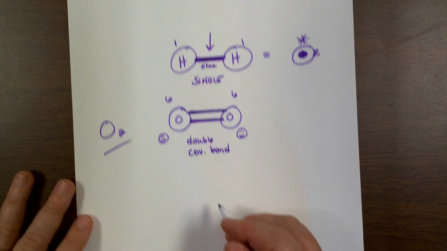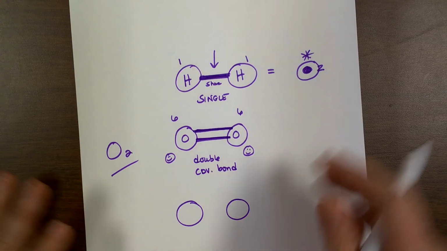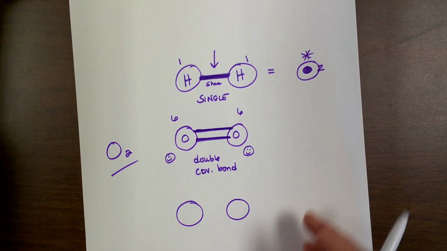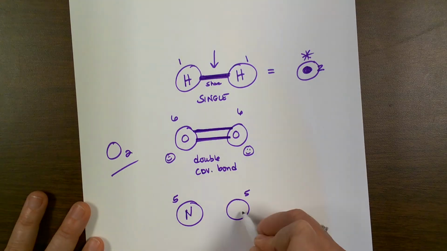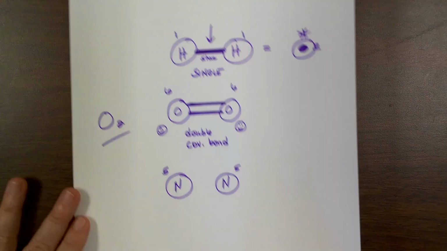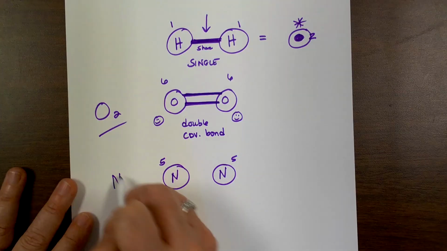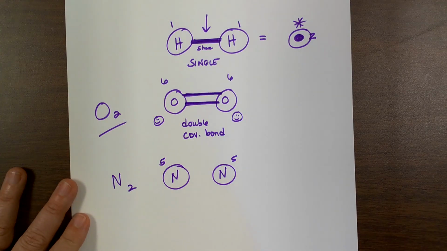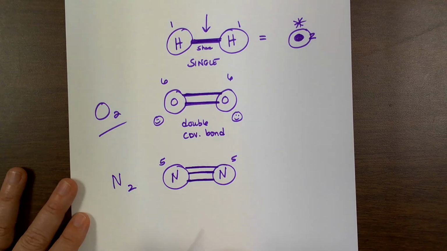And then you're going to have triple. Nitrogen has 5 regular electrons that it owns, all free and clear on its own, so it needs 3 more to be stable. So when you are dealing with N2, which is 2 nitrogens covalently bonded, they actually form a triple bond.